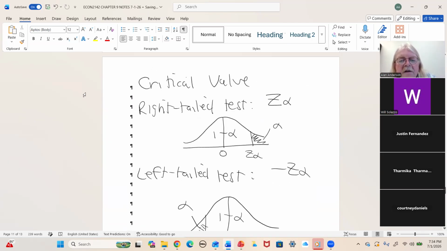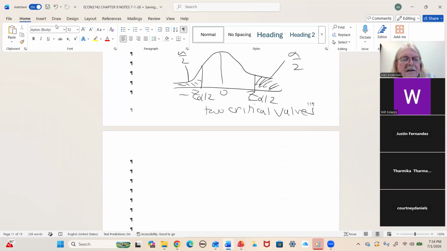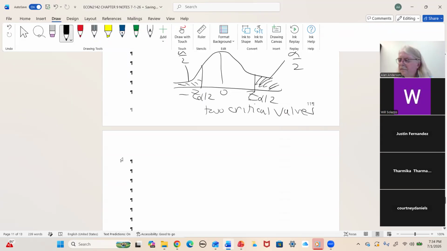All right, so the logic here is that if the test statistic falls within the shaded region, which is formerly known as the rejection region, there's a reason for that, as you'll see in a second, we reject the null hypothesis.